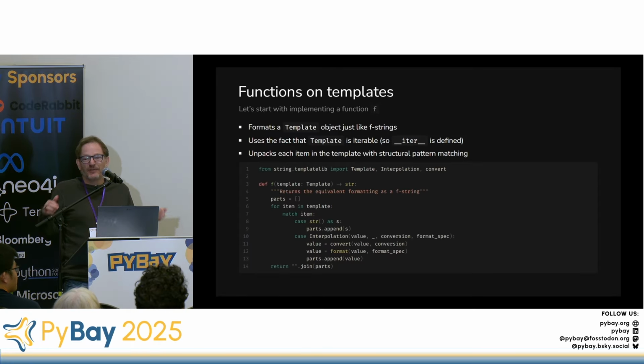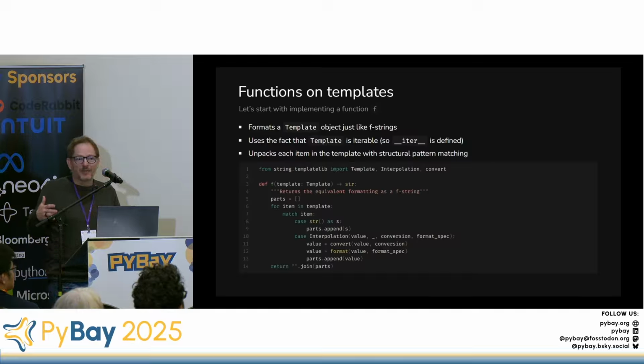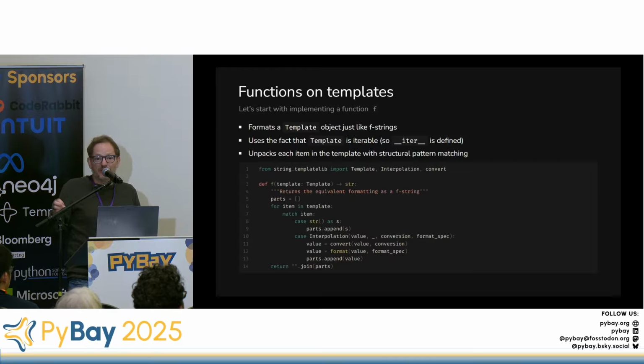So if you're working with a template, you're going to want to do a function on a template or a method or whatever, right? Here's one that seems like an appropriate starting point. What if we could completely reproduce the capabilities of F-strings using T-strings? So in this particular case, we start with some of the things you would import from templatelib to give you access to these necessary classes and the function convert.